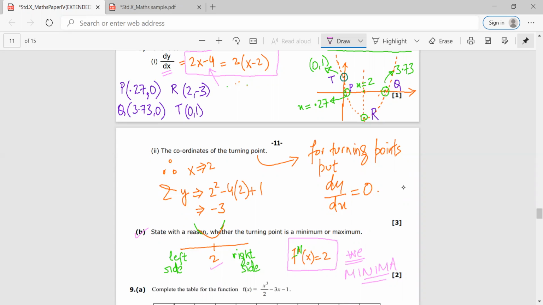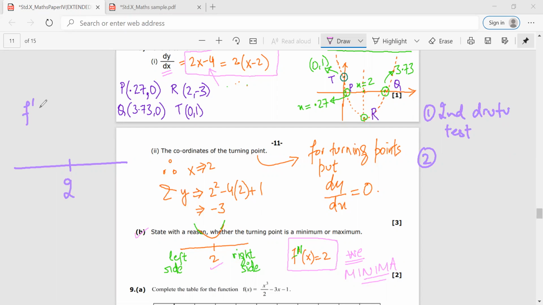Okay. Now, the second derivative test is one way in which I can find the minima. Another easy method of finding the minima is that, whatever be the turning point, I check the behavior of the first derivative around the turning point.